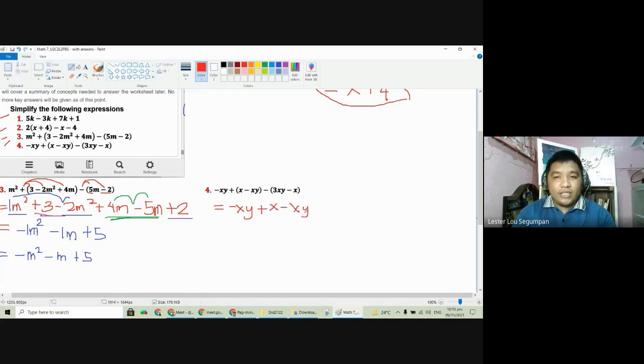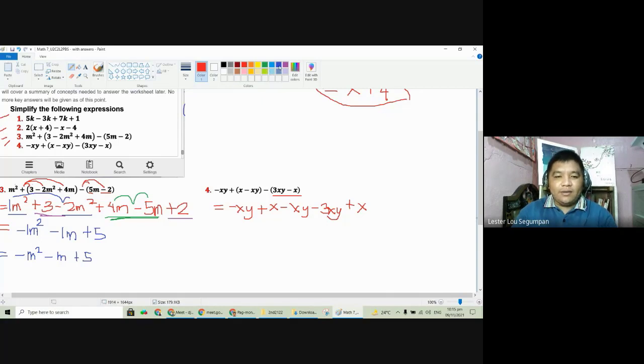The signs are not changed into their opposites. But for the next grouping symbol, since it's preceded by a negative sign, the positive 3xy inside will become negative 3xy, and then the minus x will become plus x, interchanged into their opposite signs.